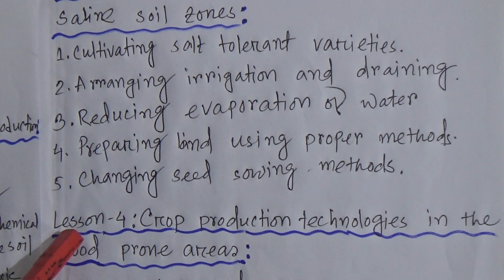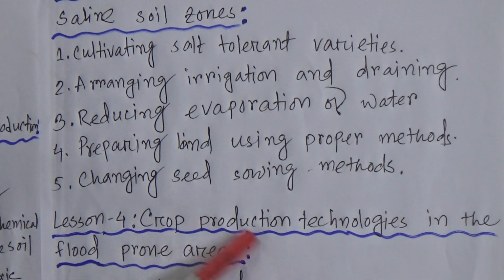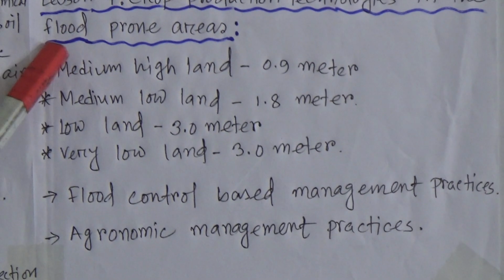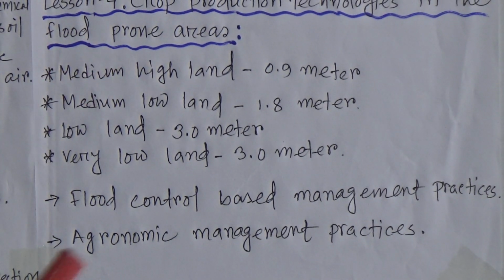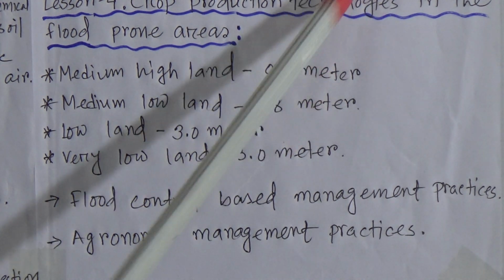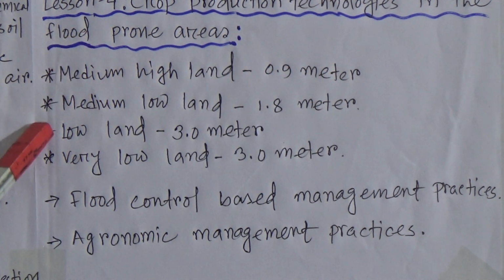Now lesson 4, crop production technologies in the flood prone areas. Dear students, you know that the northern part of our country, not only northern, almost all the areas of our country are very much flood prone. So before cultivating the land, the farmers should be very much aware of this flood.